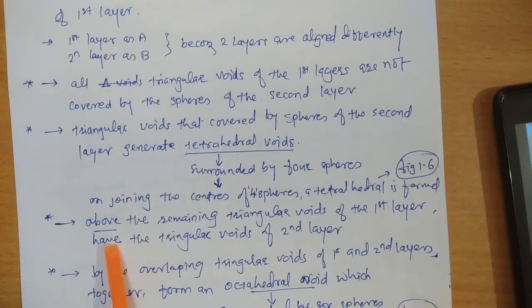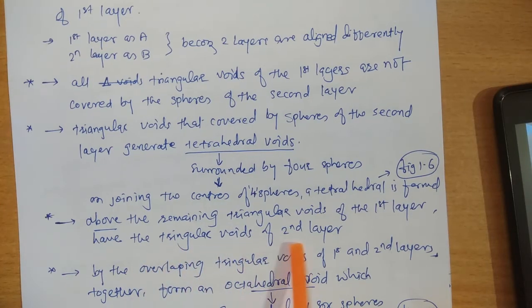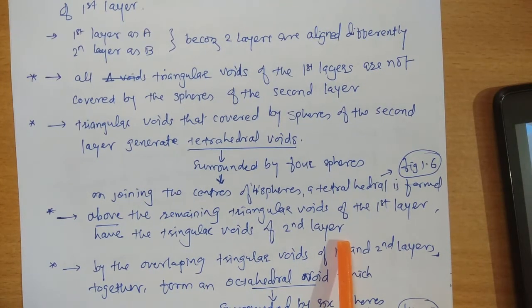Now the next: above the remaining triangular voids of the first layer, the ones which are not covered, we are talking about those. Above the triangular voids of the first layer are the triangular voids of the second layer. That means there is overlapping of the triangular voids of the first layer and second layer.